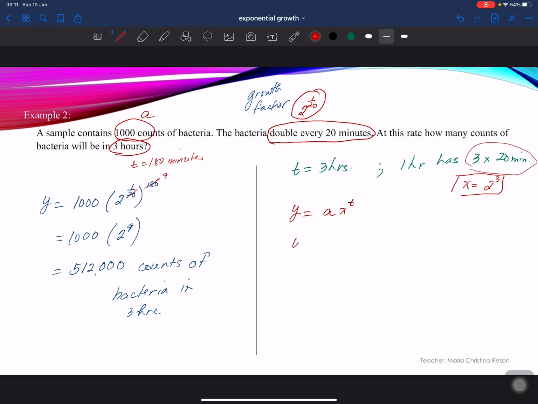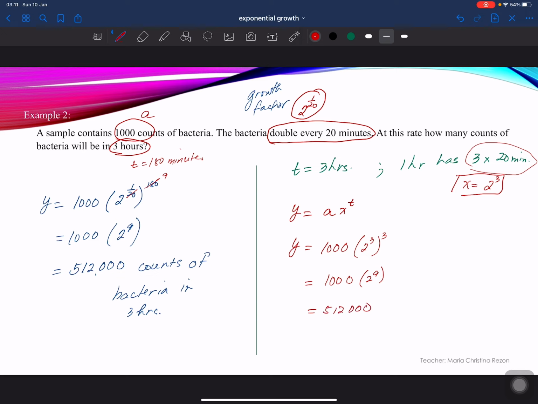So you will have y is equal to 1000 times 2 cubed to the third, because you have your t, which is equal to 3 hours. So your answer is 1000 times 2 to the 9, which is just the same as before.